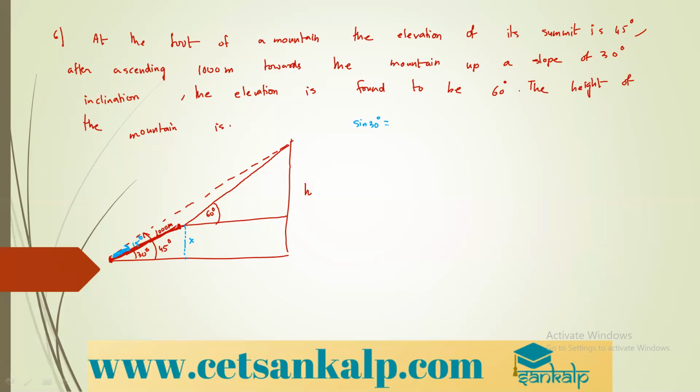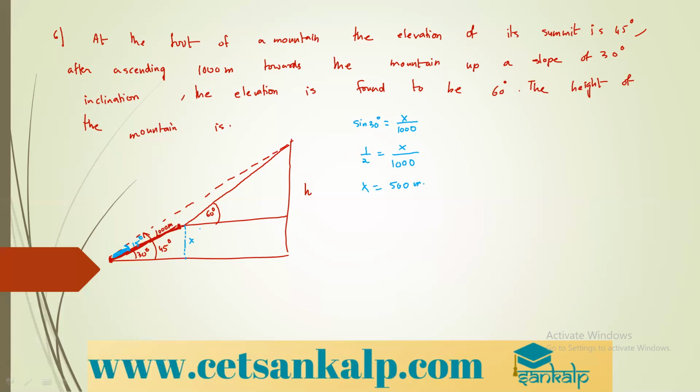Sine 30 degrees is opposite side by hypotenuse. Sine 30 degrees is 1 by 2 equal to x by 1000. So x will be 500 meters. Or you can say half kilometer also. 500 meters means half kilometer.